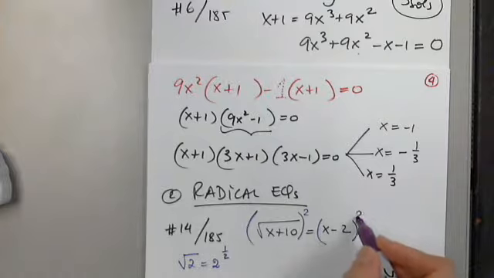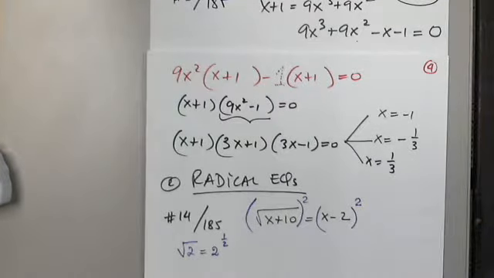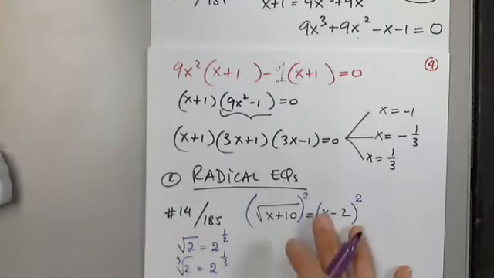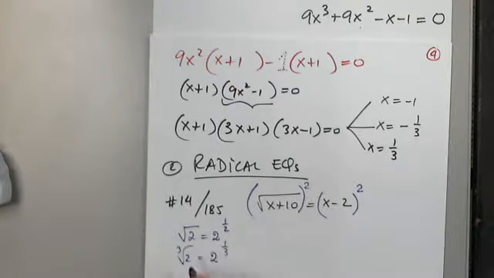Square, not multiply by square. Good. Now, if I have the cube root of 2, what will that be? 2 raised to which power? 1/3. So if the square root is power 1/2, the cube root is power 1/3, and so on and so forth.